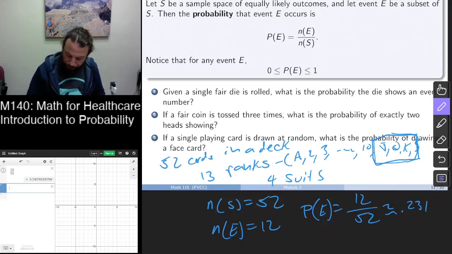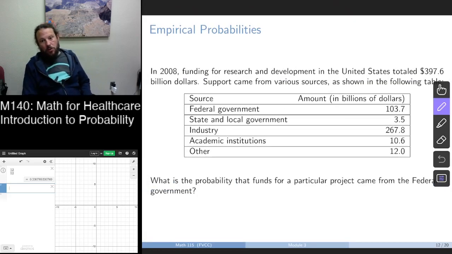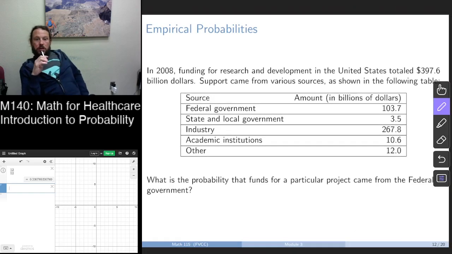Good. Now, there are also empirical probabilities, which are more out there in the real world. For instance, in this problem, in 2008, funding for research and development in the United States totaled $397.6 billion.